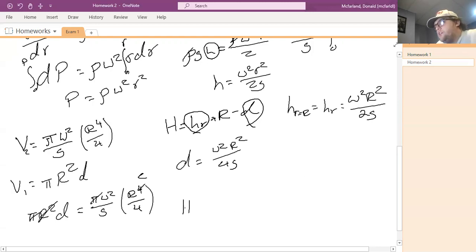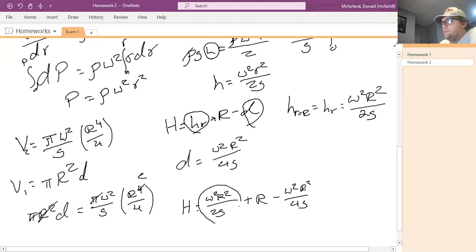So our H is now equal to omega squared R squared over 2g plus radius of the cup minus our depression height, which is now omega squared R squared over 4 times gravity. So remember, this was hr, and this is depression height.